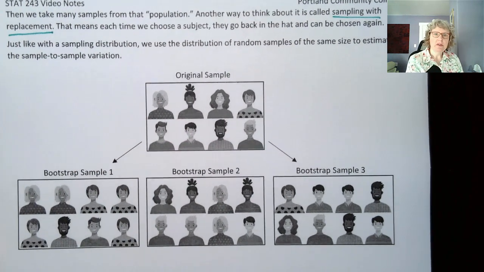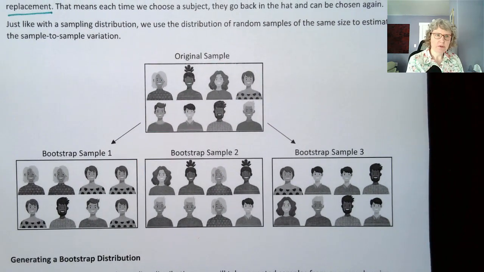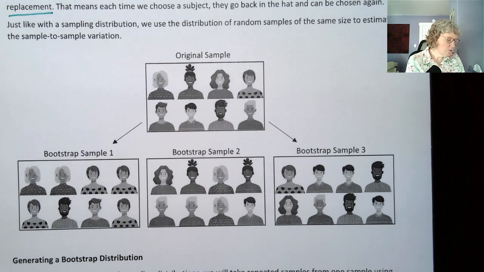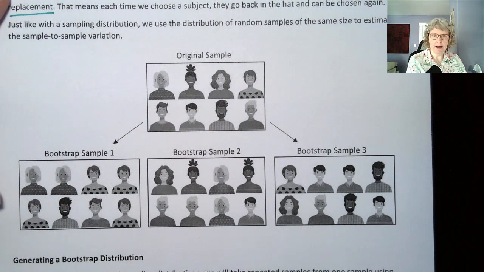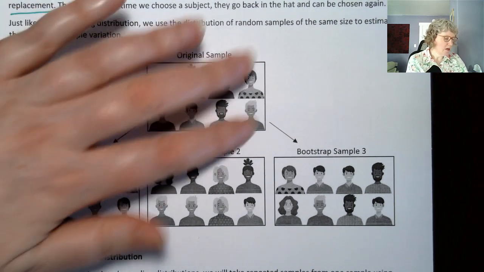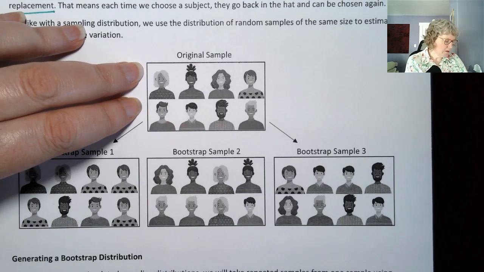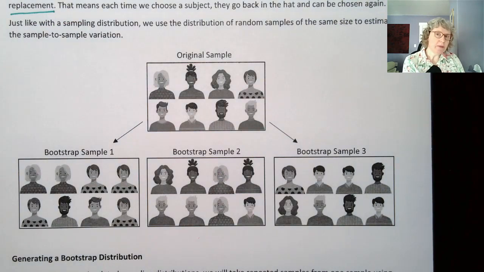You could think of it as our original sample, this original 8 people, but we're going to select someone one at a time. We select 1 through 8 using names or numbers, some kind of identifier, and then we put that back in. And then we sample again, and we put it back in, sample again. That's called with replacement.